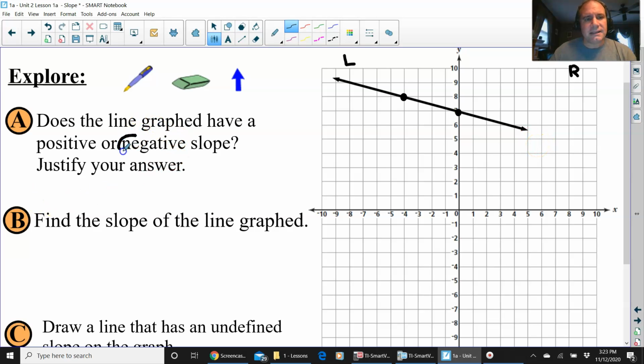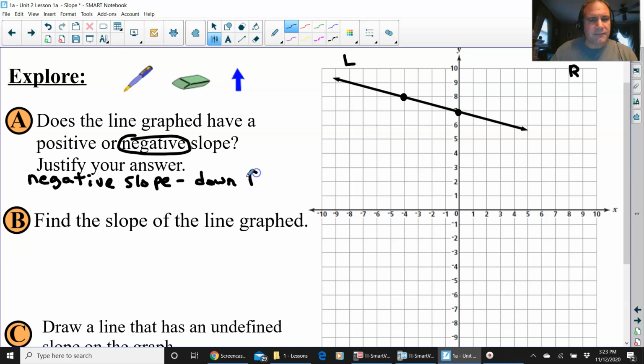So if you did say negative, you are correct. Negative slope, please put it down. Down from left to right.